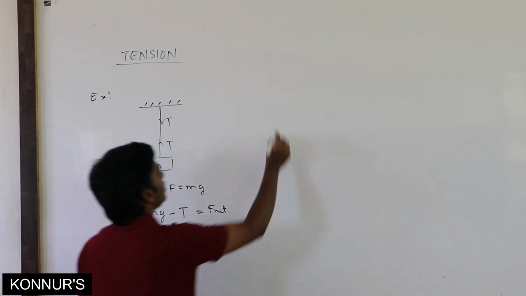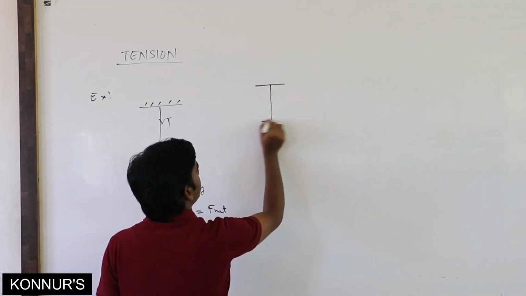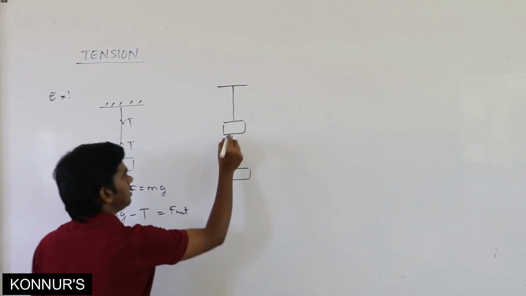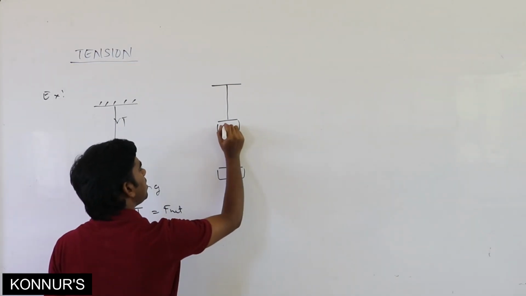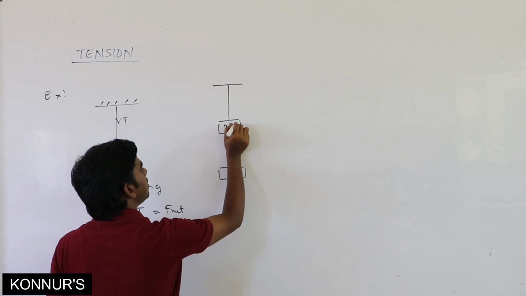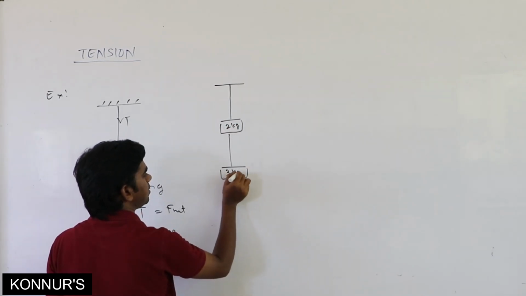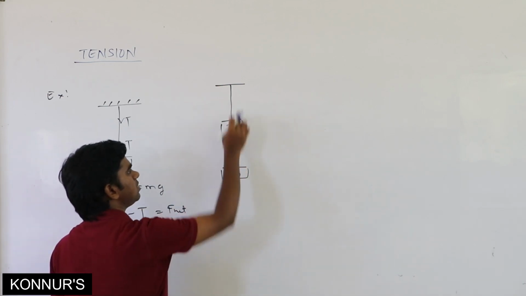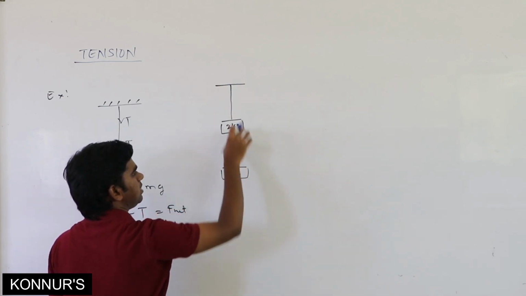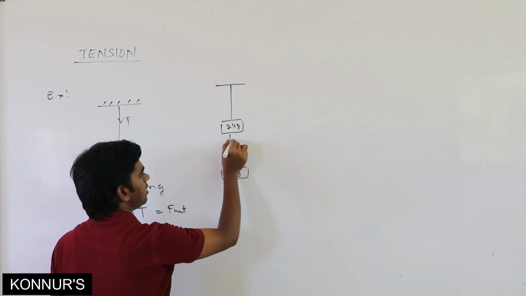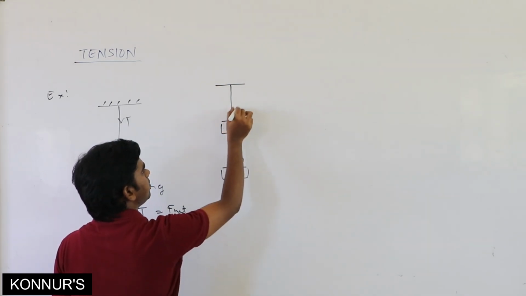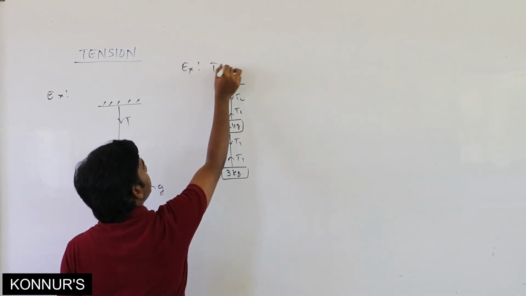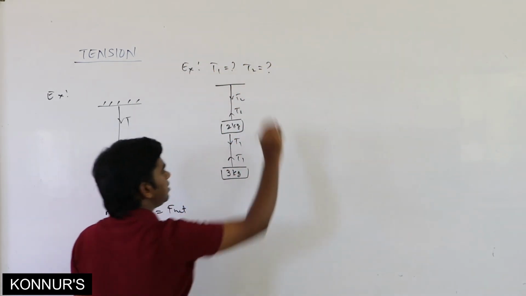Similarly, if two bodies are connected, one body connected here and another connected here, its mass is say 2 kg and here the mass is say 3 kg. So what will be the tension? Since these are two different strings, here the tension you can take as T1, here as T2. We have to find T1 and T2.